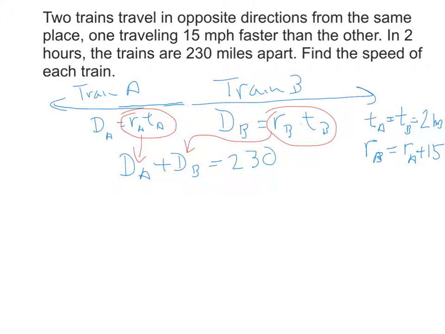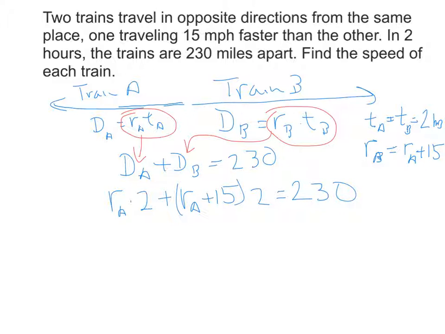So that's going to give us R sub A times 2 plus R sub B, but R sub B is just R sub A plus 15, also times 2. Be careful that you put the parentheses in because the whole velocity of train B is multiplied by 2 hours, and that's going to be a total of 230 miles.